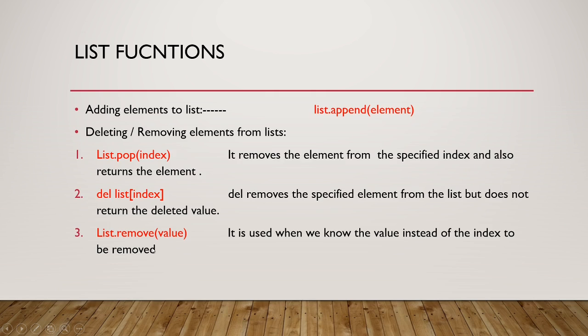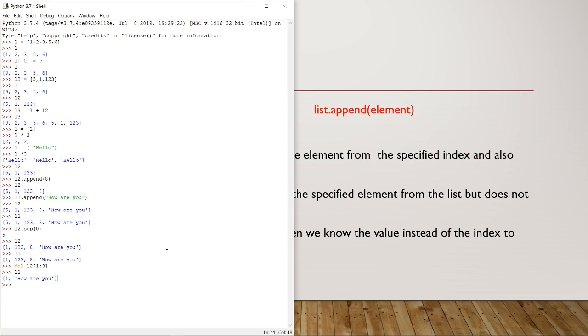Unlike the other two functions, it uses the value of the element instead of the index. So if you don't know the index of the value you want to remove, you can directly use the value and it will remove the first occurrence of the value from the list. Let me show you. Let me define just another list.